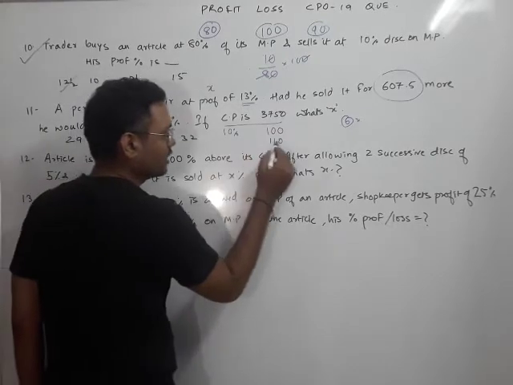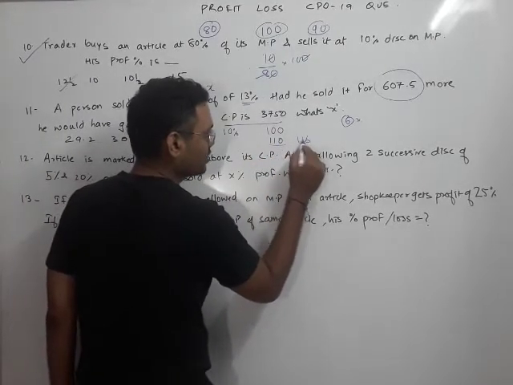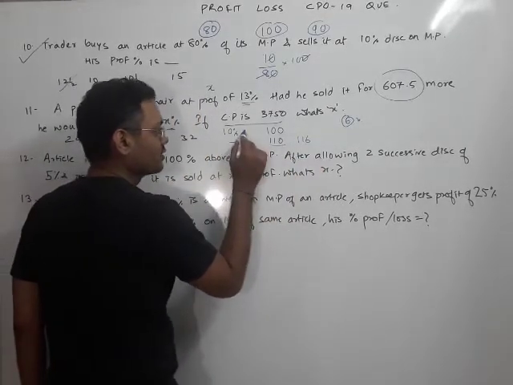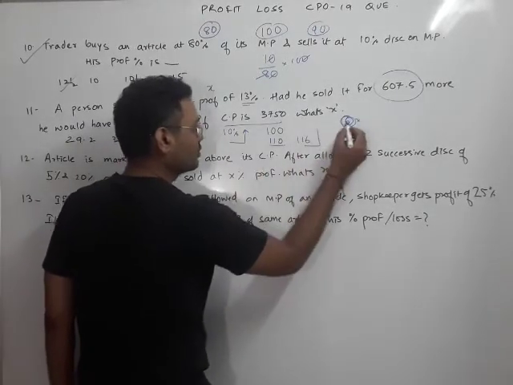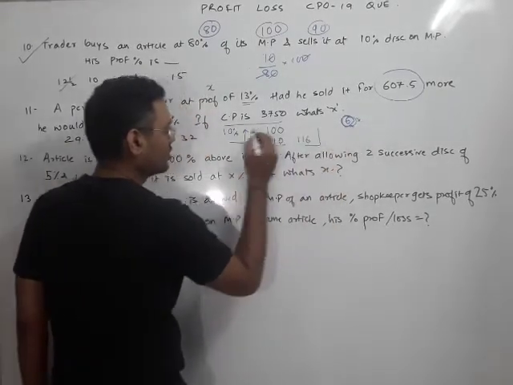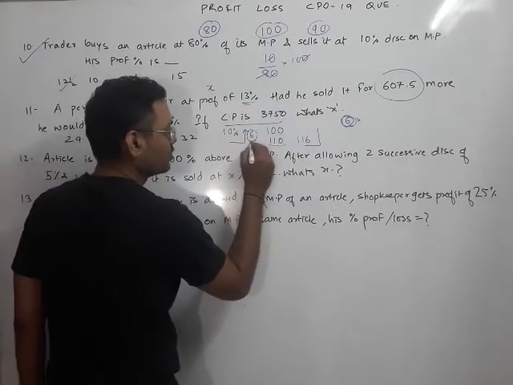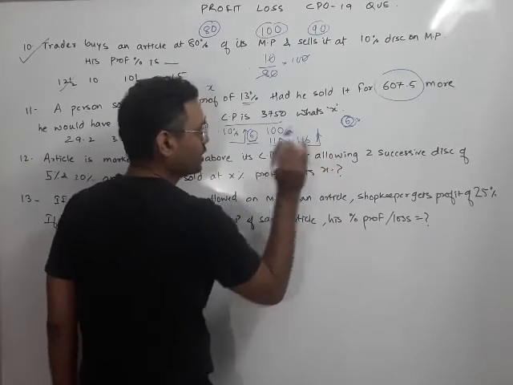Means instead of selling it at 110, if I am selling it at 116, then what will be my increase in this? Increase is nothing else but percentage of this. I just need to find how much is 6 of 100. It is 6%. So it is an increase of 6% only.